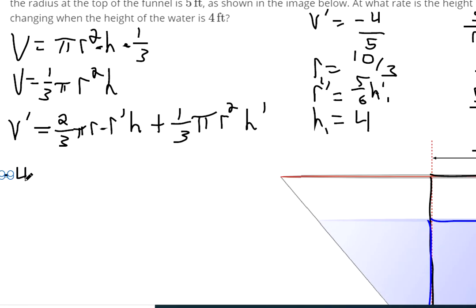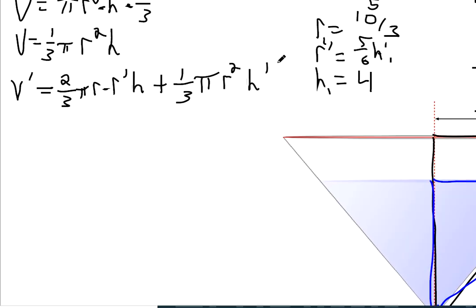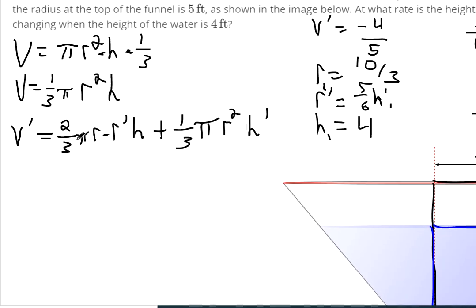Now it's just algebra. Plug in negative 4/5 for the rate of change of the volume. I had to back up the video because I got down to the end and I realized I plugged something in wrong. So negative 4/5 for the rate of change of the volume. The radius is 10/3. R prime is 5/6 h sub 1 prime.